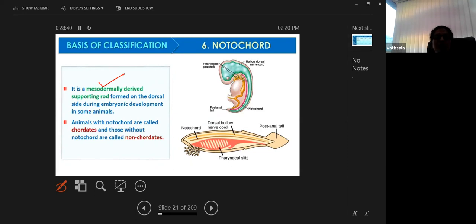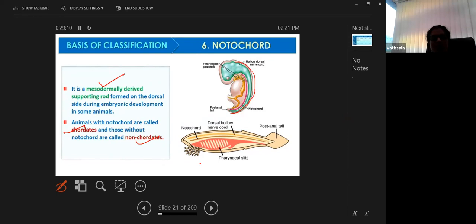It's formed on the dorsal side, the back side, during embryonic development. Animals with notochord are called chordates, and those without notochord are called non-chordates. You can see on the dorsal side the nerve cord which is developing here. So that is notochord.